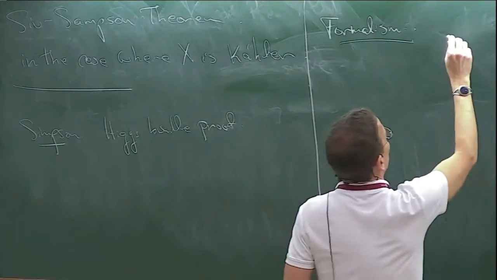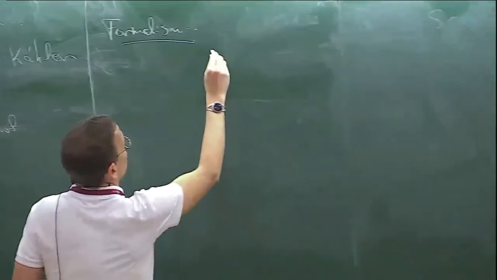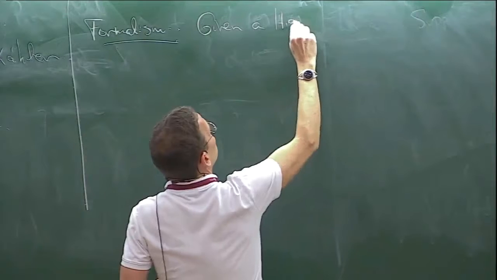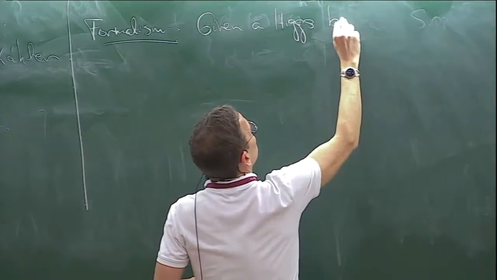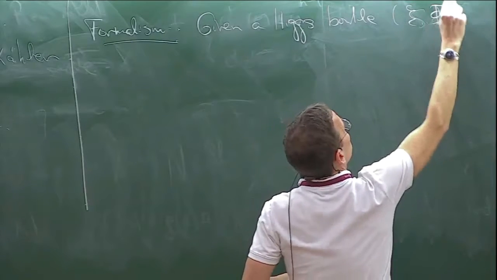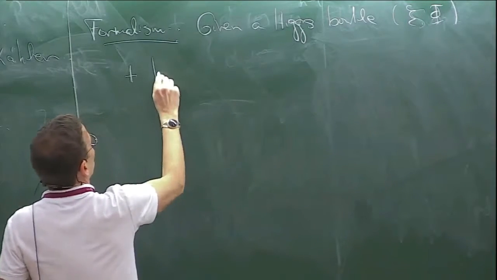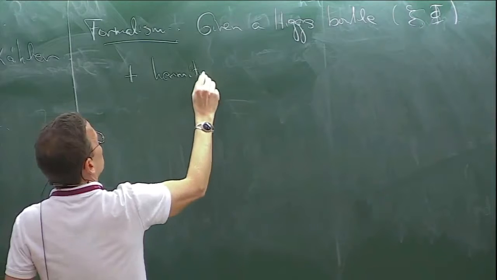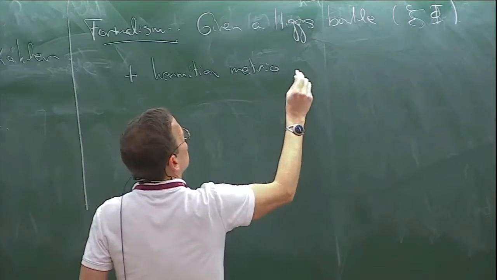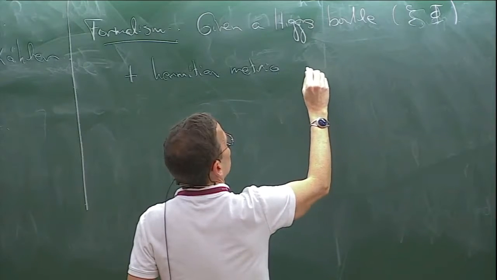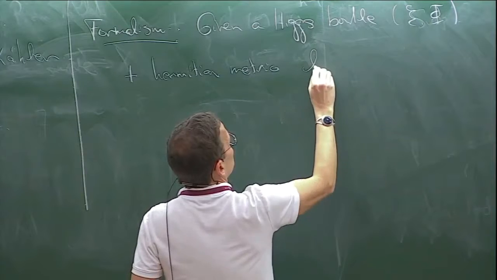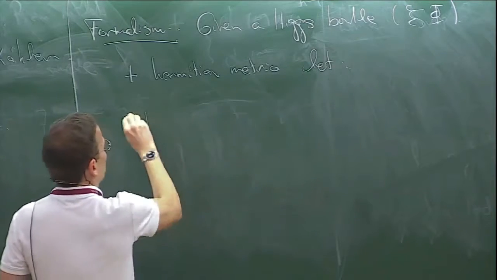So let's start again. Given a Higgs bundle and a Hermitian metric, let me define a couple of operators here.